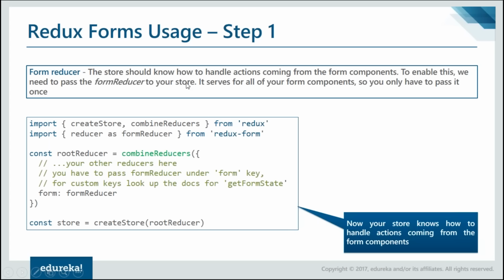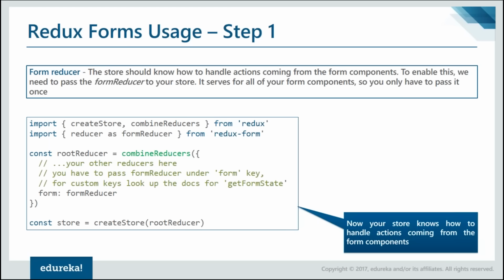So the store should know how to handle actions coming from the form components. To enable this, we need to pass the form reducer to your store. It serves all your form components, so you only have to pass it once. This is very important to understand, since it is serving all your form components.